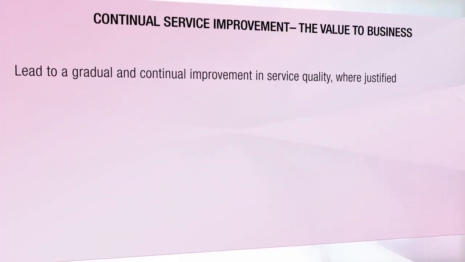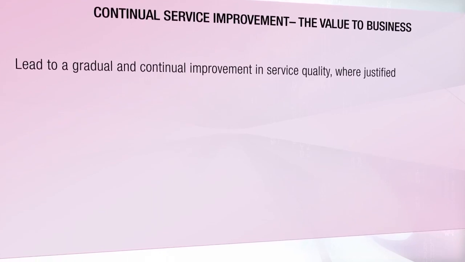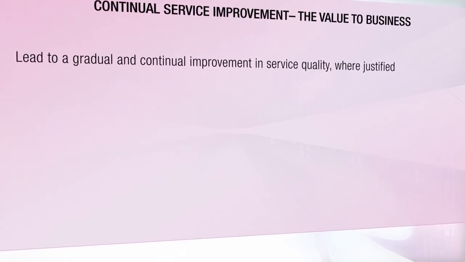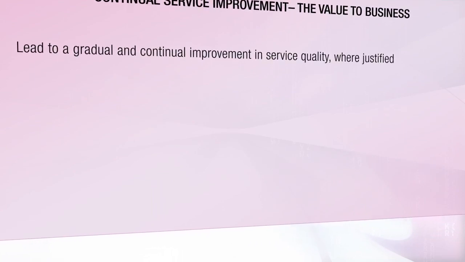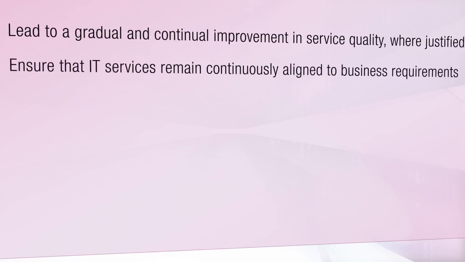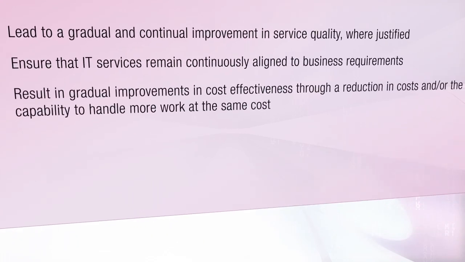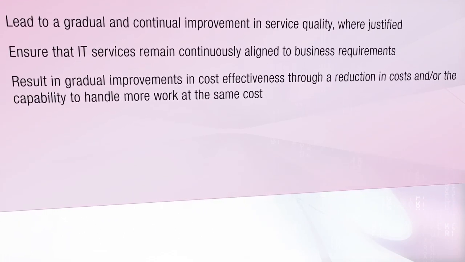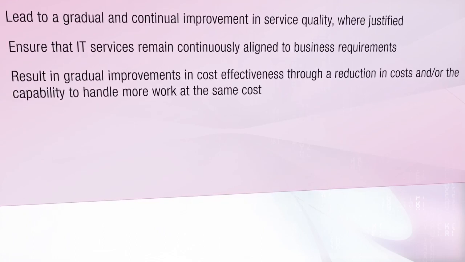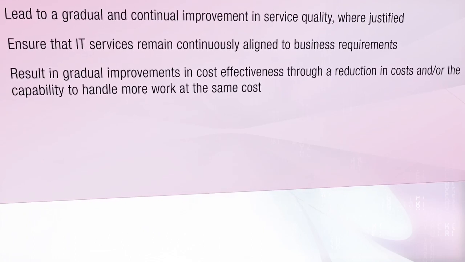Adopting and implementing standard and consistent approaches for continual service improvement will lead to a gradual and continual improvement in service quality where justified, ensure that IT services remain continuously aligned to business requirements, and result in gradual improvements in cost effectiveness through a reduction in costs and/or the capability to handle more work at the same cost.